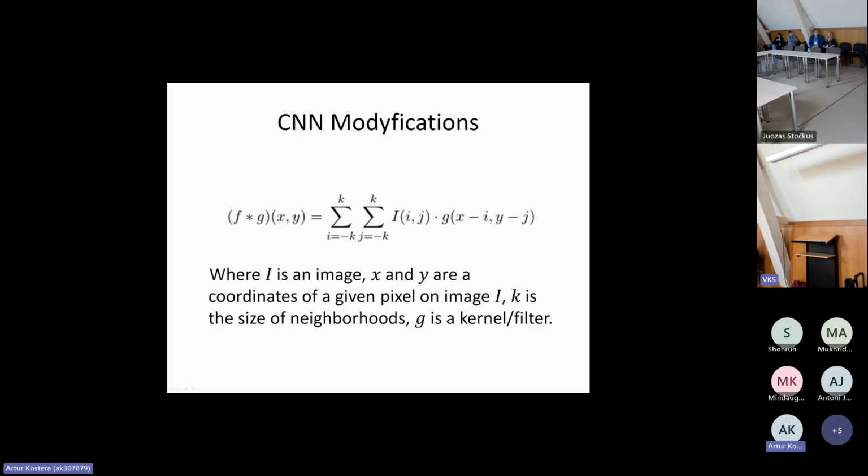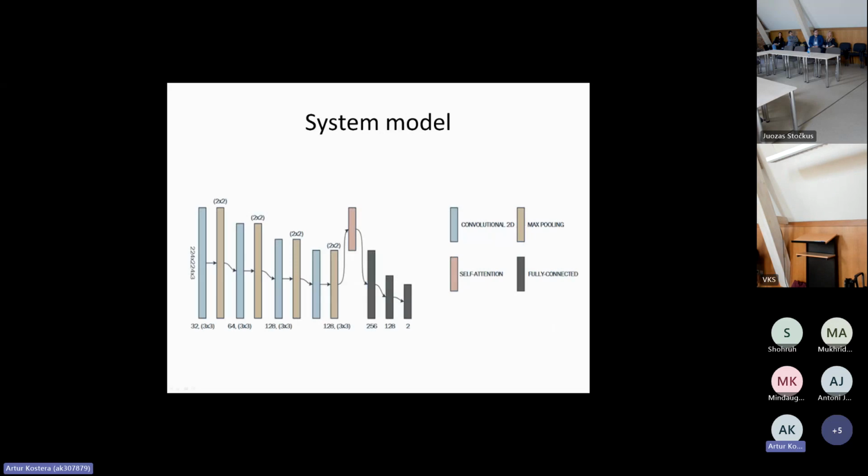The third type of layer is the fully connected layer, which is composed of neurons described earlier. For the expert system being built, a neural network model consisting of 14 layers was built. The input layer accepts images of dimension 224 by 224.